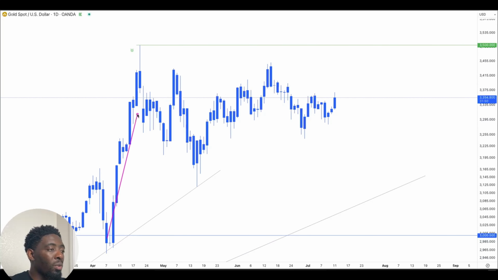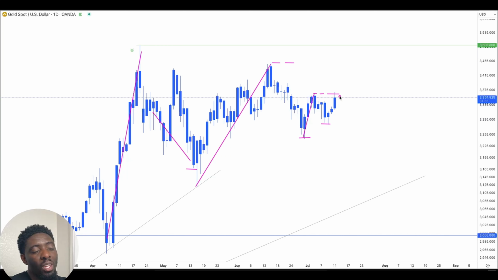Same principle: it's an impulse, a correction, and you're waiting for prices to take out those highs. Within this entire structure again, it's an impulse, it's a correction, and we were waiting for prices to take out these highs right here, which we did, and we're currently sat at this point right now.